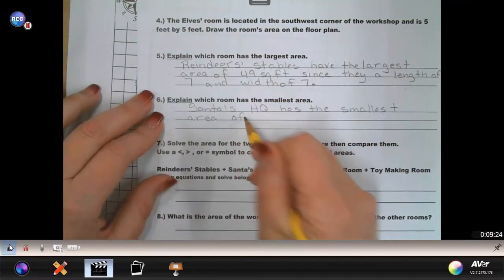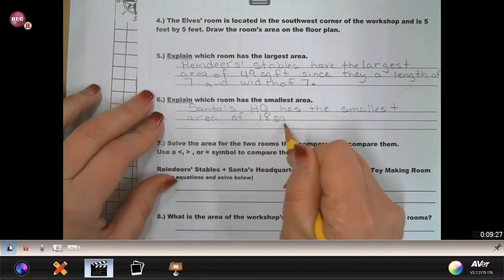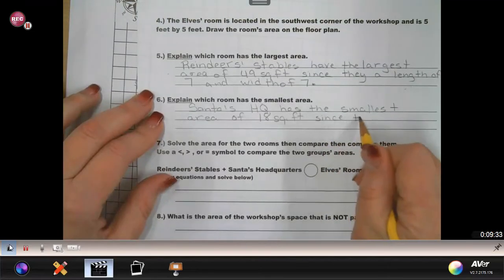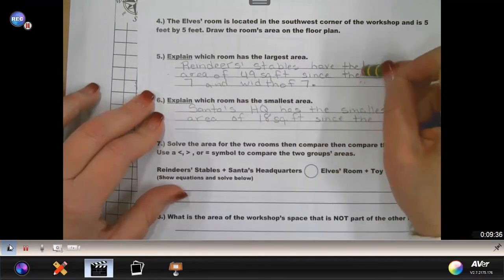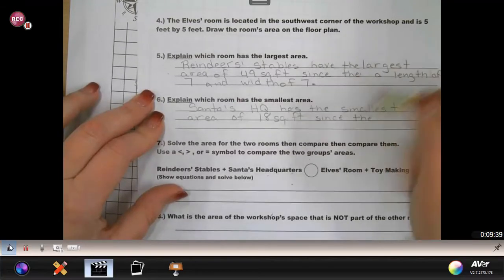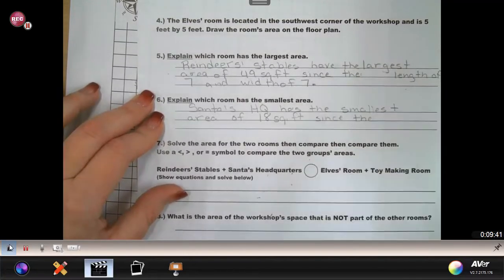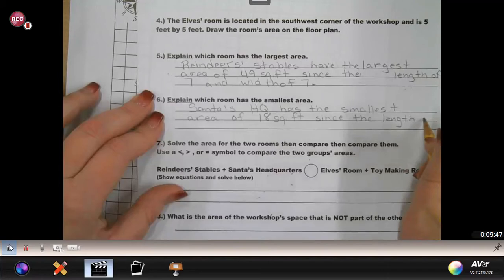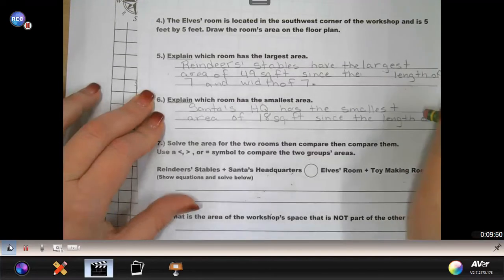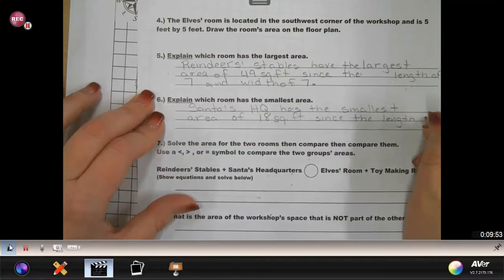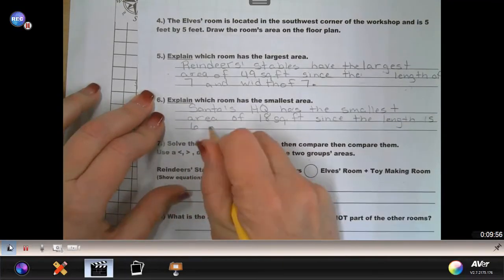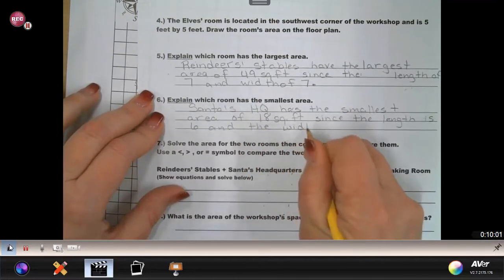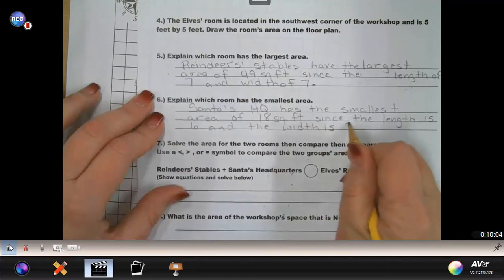Of 18 square feet, since the length is 6 and the width is 3.